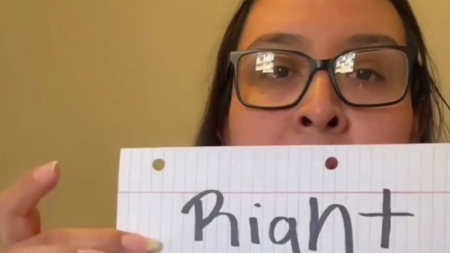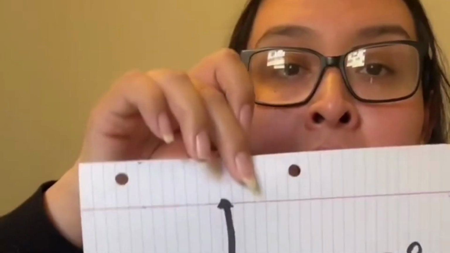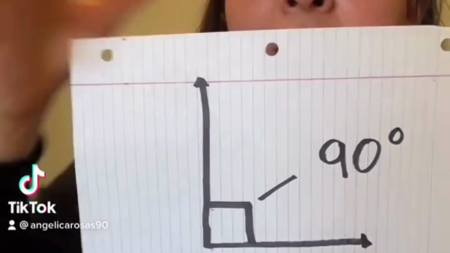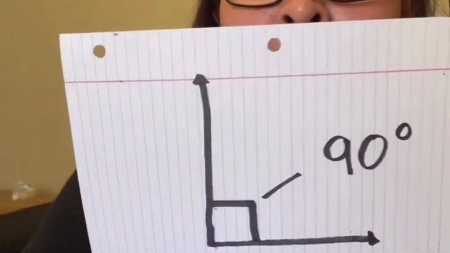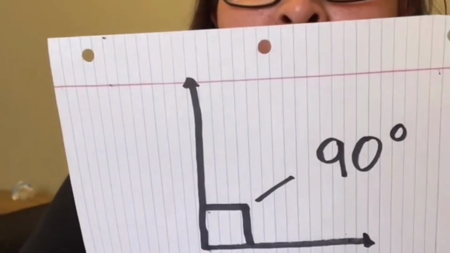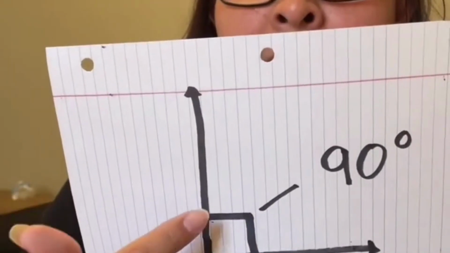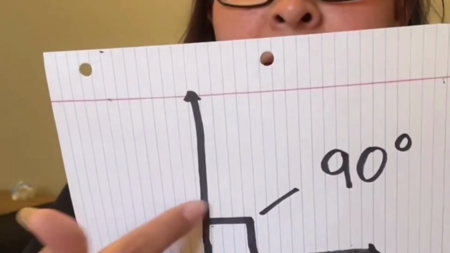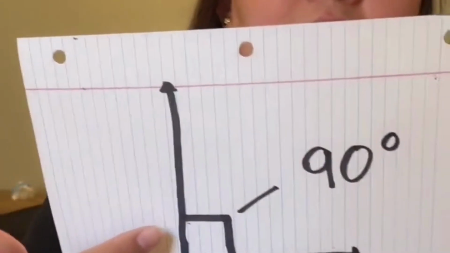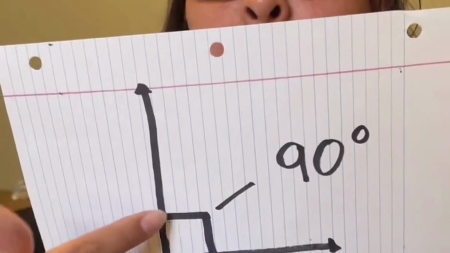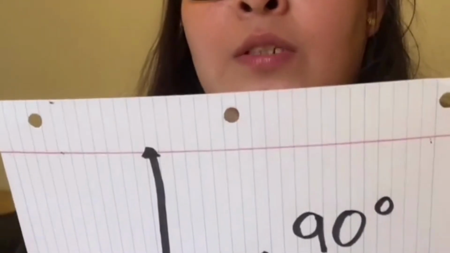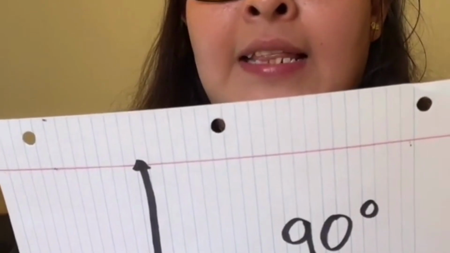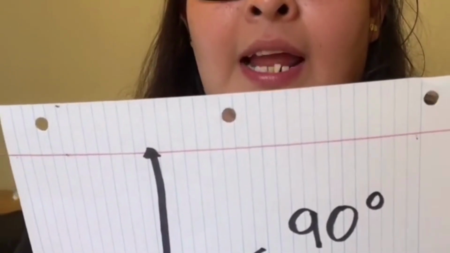Okay, so the right angle is an angle that is two lines that meet at a vertex and make a measurement of 90 degrees. So we have our two lines, and this is the vertex, and this measures 90 degrees. As you can see, we have our square here, which when measuring angles means that this creates a 90-degree angle.